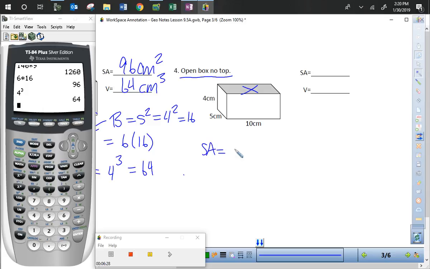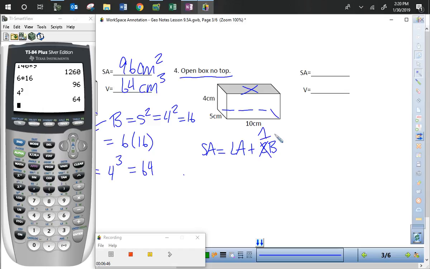Surface area, it gives as the lateral area plus 2 bases. We want to immediately change that right now because this says there's an open box, no top. If there's only the bottom and no top, we don't really have 2 bases here, we just have 1.